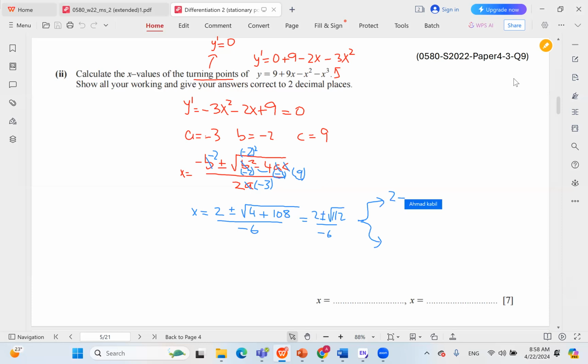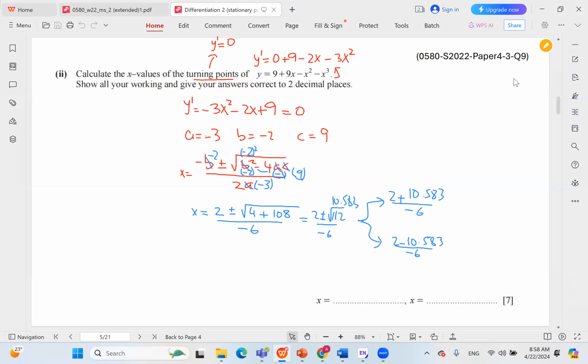We have 2 plus 10.583 divided by negative 6, and 2 minus 10.583 divided by negative 6 again. So for the first one, we have 2 plus 10.583, which is 12.583, divided by negative 6.